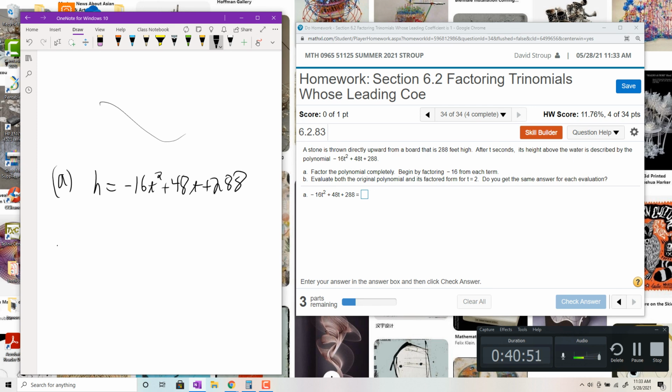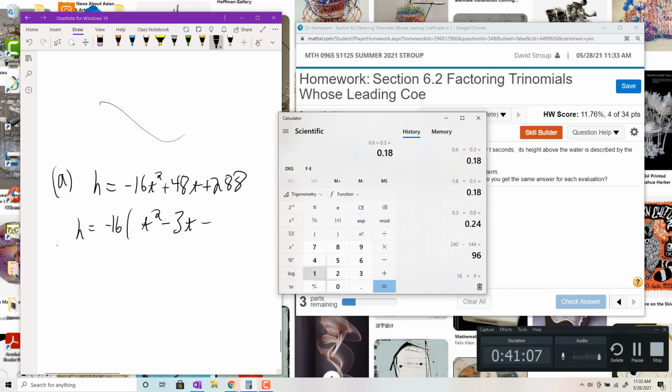In part A, they want you to factor it completely by factoring the negative 16 out. So h will be negative 16 t squared, the signs change, minus 3t minus whatever 288 by 16 is.